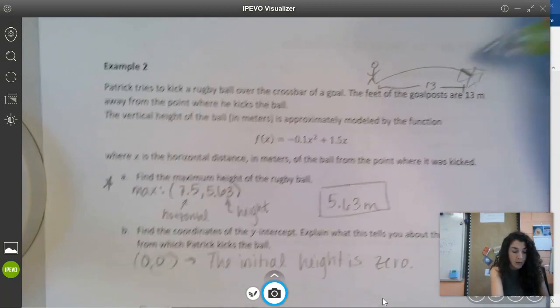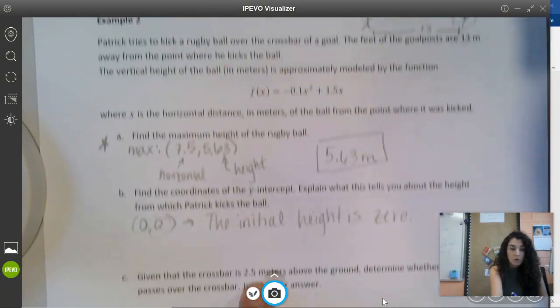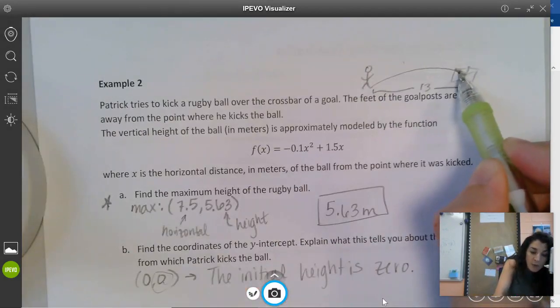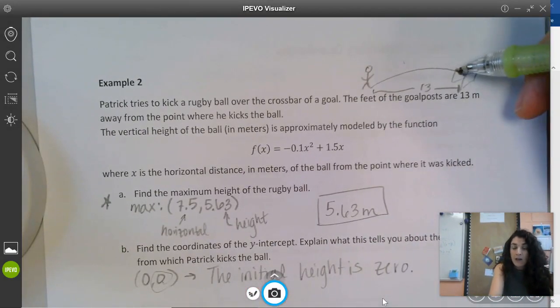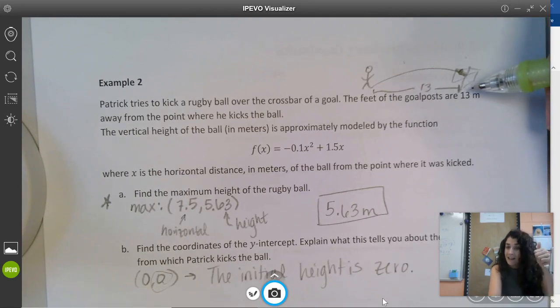Well, the height of the crossbar is 2.5. So we want to know is at this point, right here, 13 meters away, is it above 2.5 or is it below 2.5? Did it get in the net? Did it do great at the crossbar challenge, or did it totally whiff and go somewhere else?